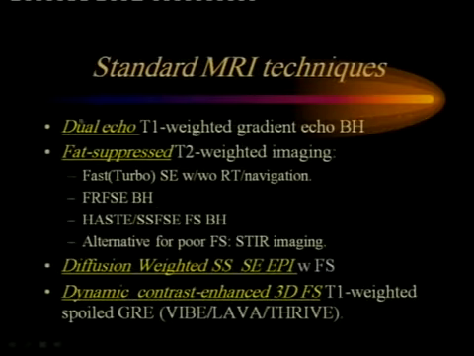What we tend to use mostly is dual echo T1 weighted gradient echo and a breath hold in phase and out of phase imaging. We obtain T2-weighted images with fat suppression. This can be obtained in multiple different ways, either with respiratory triggering or navigation, or can be done in a breath hold, and sometimes you need to tailor this according to your patient.